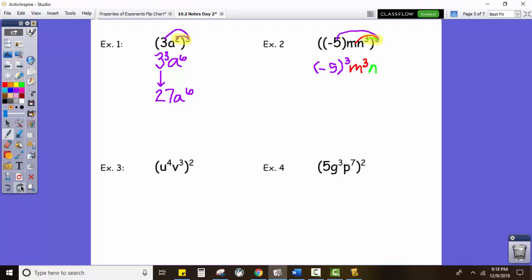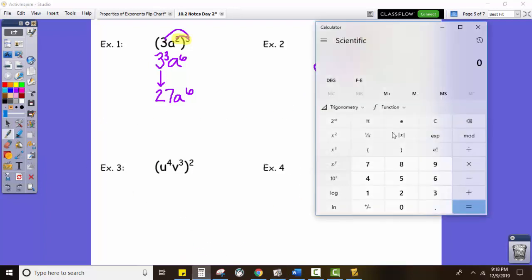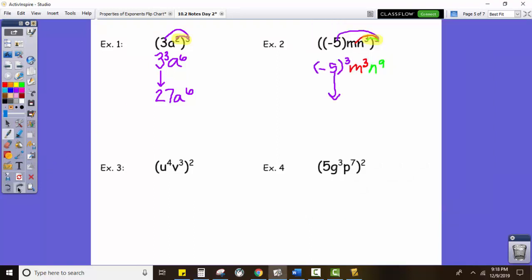Remember, I need to take those two exponents, power to a power, and multiply them. So 3 times 3 would be 9. Keep simplifying here. -5 times -5 times -5 is -125.